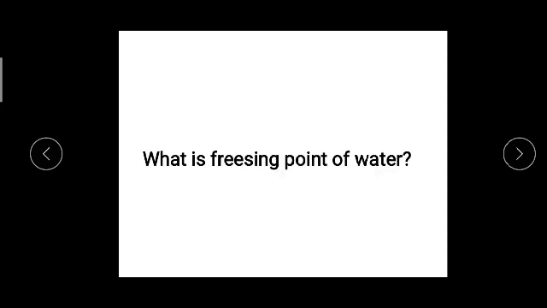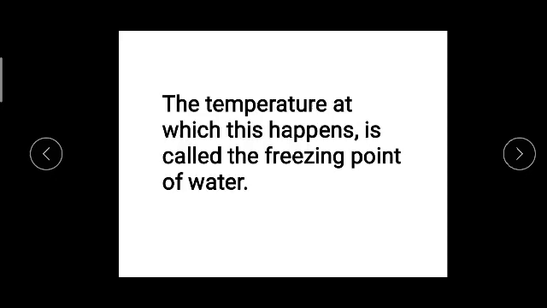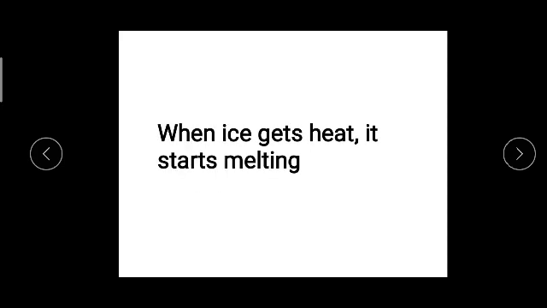What is the freezing point of water? Can you tell me? Yes, the freezing point of water is 0 degrees Celsius. The temperature at which this happens is called the freezing point of water, which is 0 degrees Celsius.